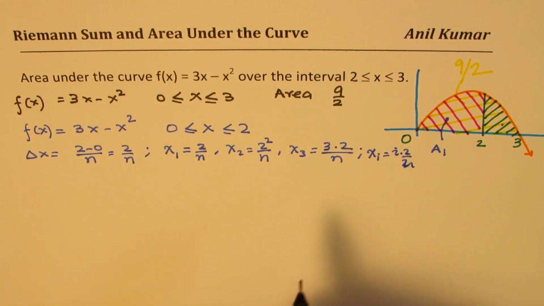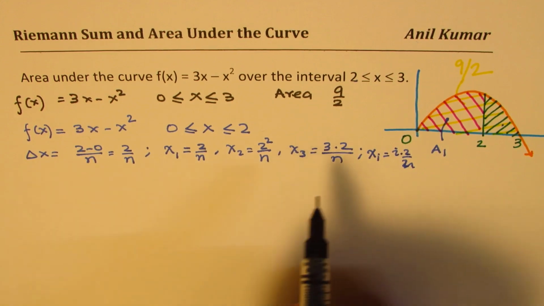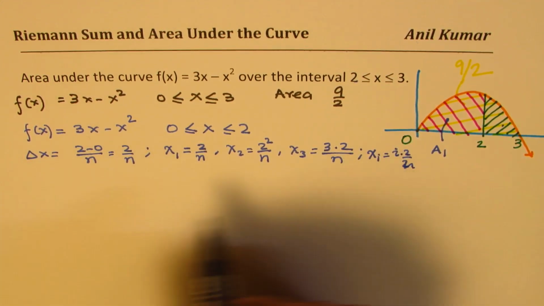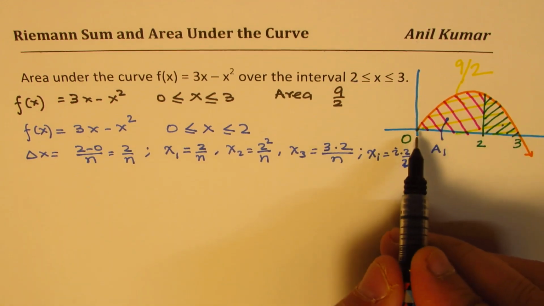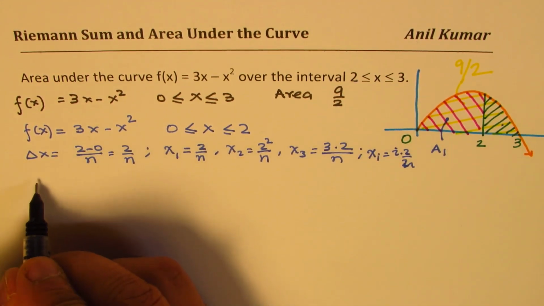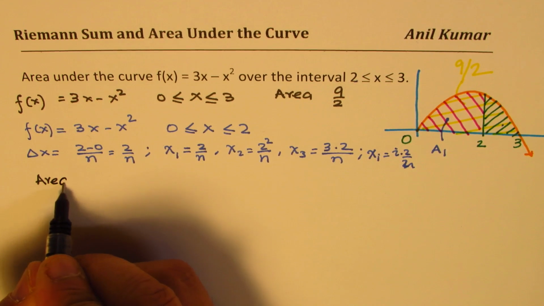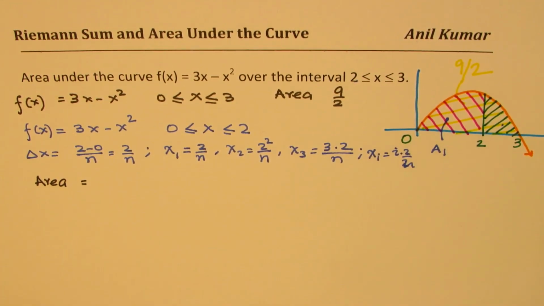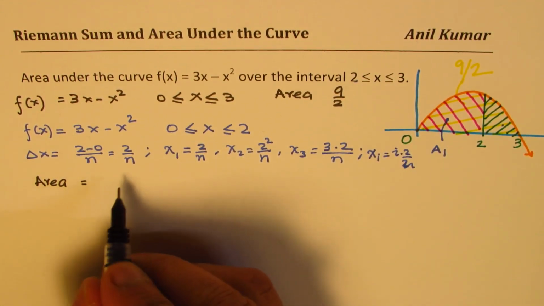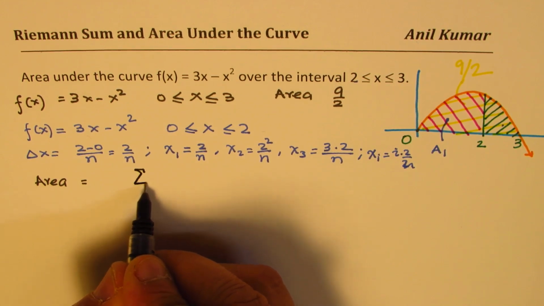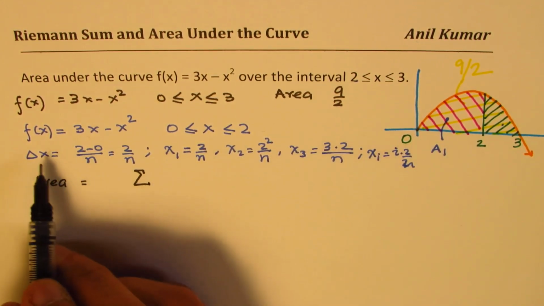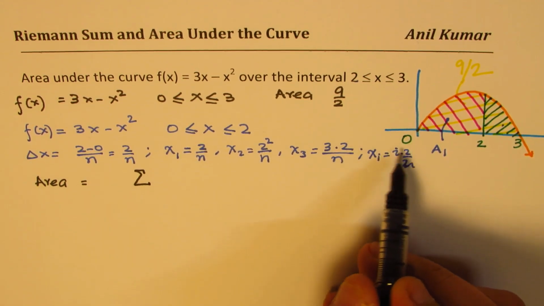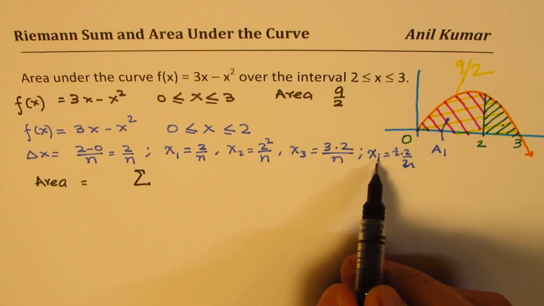So we're looking into the area, so let me write straight away the area under the curve from 0 to 2. So we say the area will be the sum of these rectangle areas, correct? Which is sigma of the area of each rectangle, whose width will be delta x and whose height will be f of xi, right?